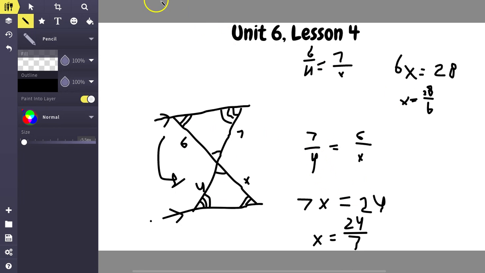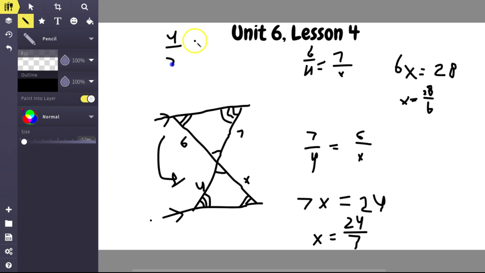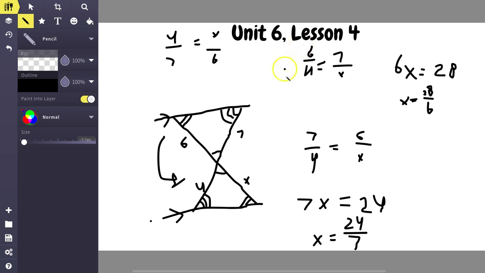If you flip it because you had it in a different order, let's say 4 over 7 equals x over 6, in that case, you still could. You could flip it over, but you can't switch out what sides the numbers are on. Sorry. So now you know there are different ways to write the proportions, but you got to be careful.